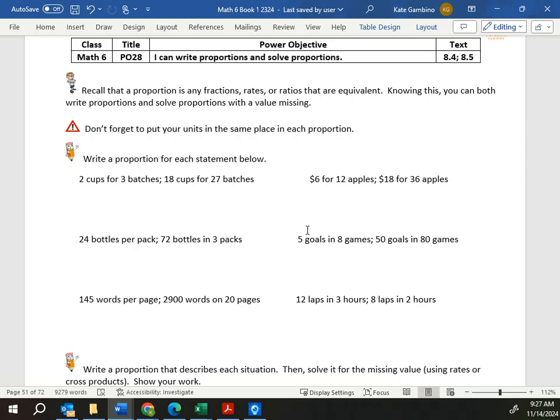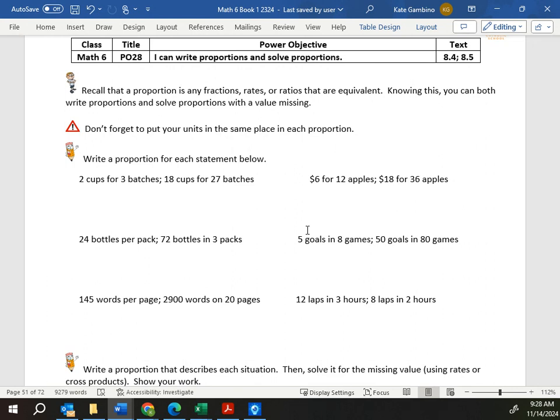Recall that a proportion is any fractions, rates, or ratios that are equivalent. Oh my goodness, we've been working with equivalent fractions and equivalent ratios and equivalent rates. We've worked with all of these. Now, we're going to look at them as a proportion.